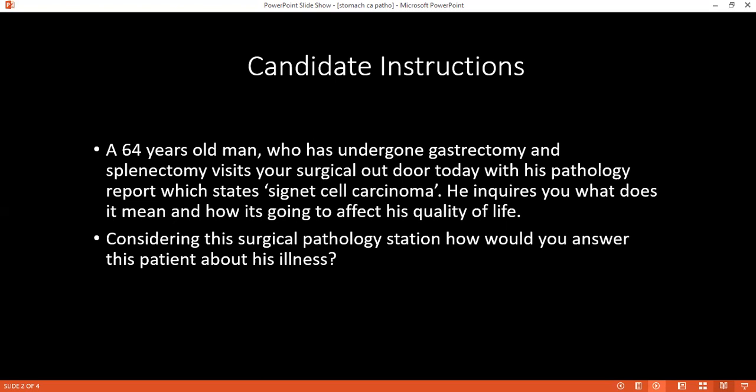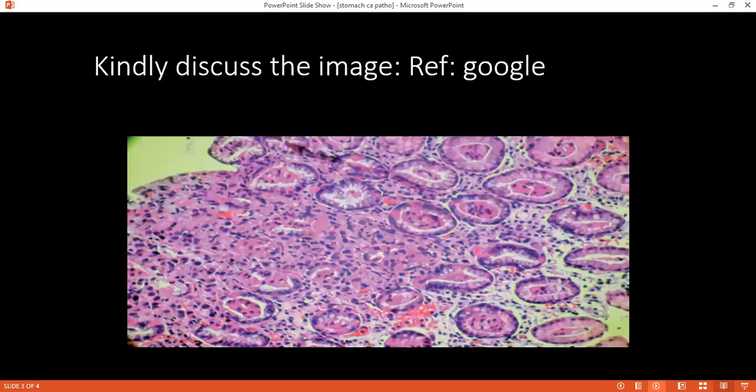Late dumping usually occurs between 2 to 4 hours after eating, and because of the large volume dumped, the patient has hyperglycemia, then there is hyperinsulinemia.